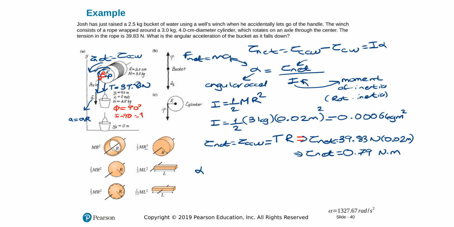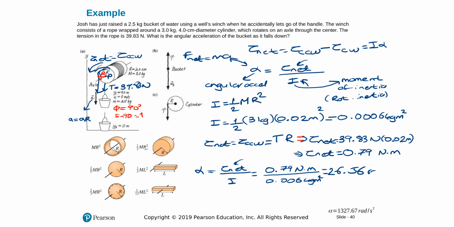Now we're ready to insert all these in alpha. Alpha is equal to tau net divided by I. Inserting those values, we found I to be this value, tau net to be that, so we put them in. 0.79 Newton times a meter divided by 0.0006 kilogram meter squared, and that's equal to 26.56.